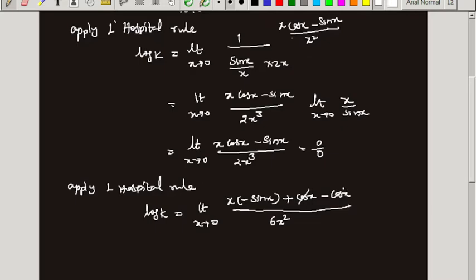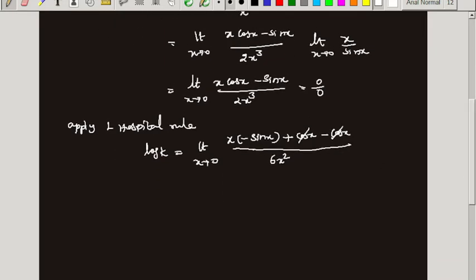So here cos x gets cancelled. So here we write limit x tends to 0 minus x into sin x dividing by 6x square.